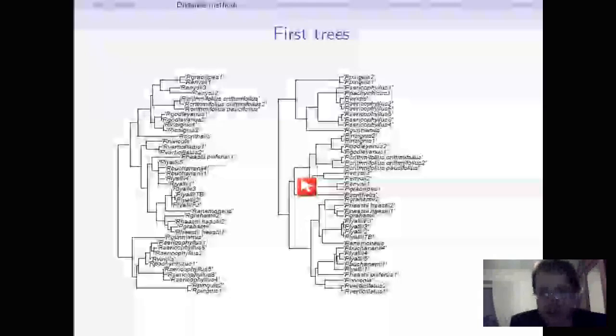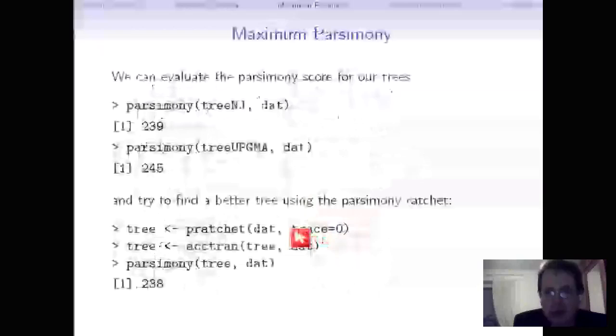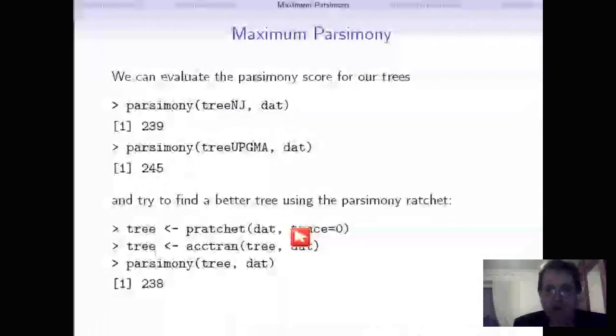So this was the first thing, distance-based methods. Then another popular method is of course parsimony, and we can first start by evaluating the parsimony score for the trees we constructed beforehand.